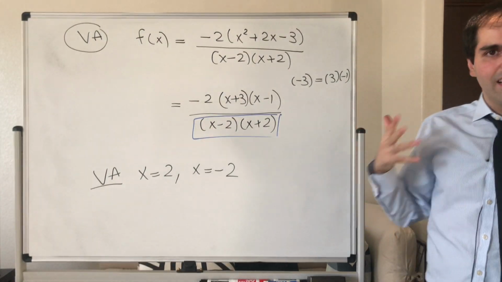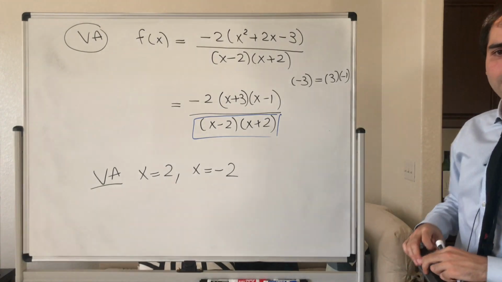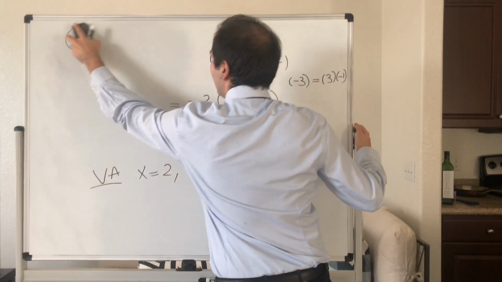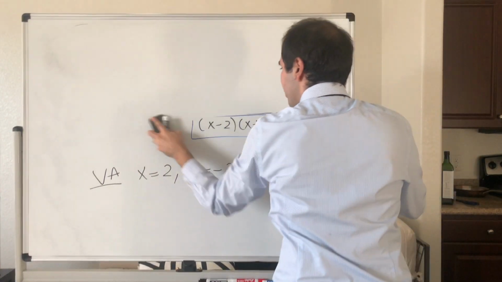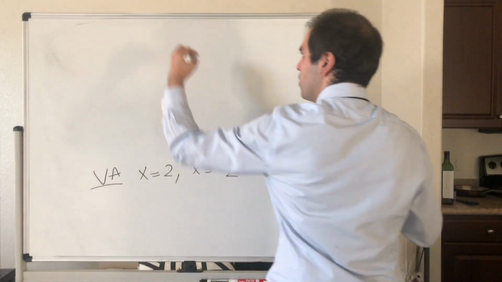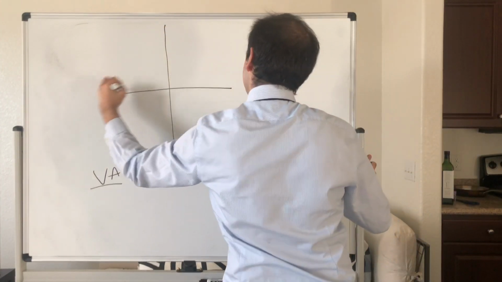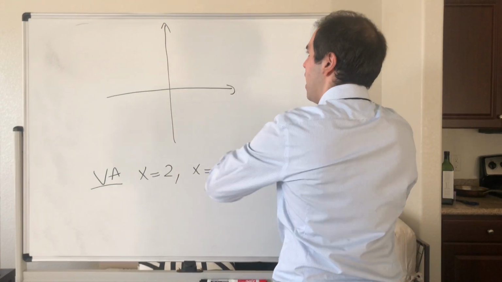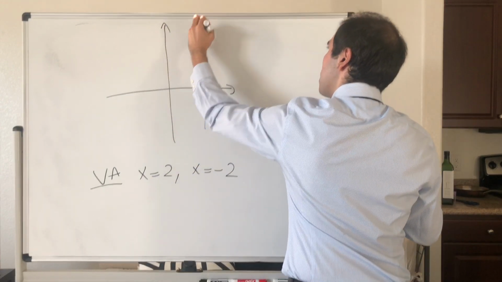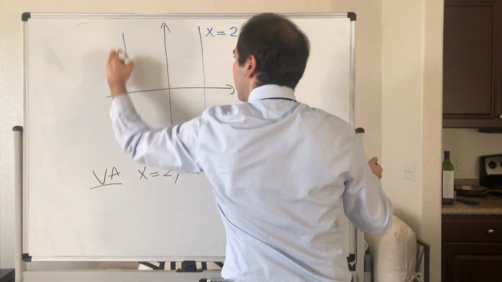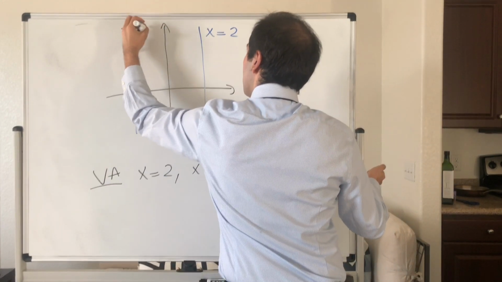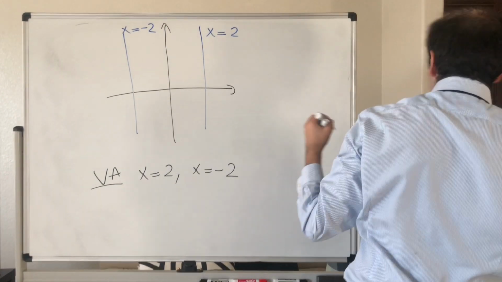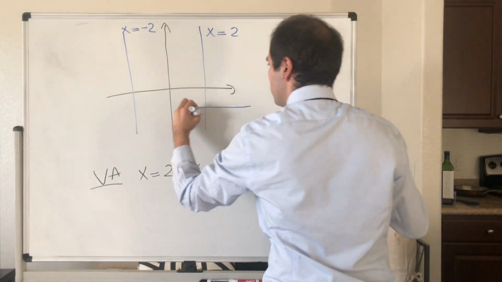All right, and then just to conclude, let's quickly draw the graph of the horizontal asymptote and the vertical asymptotes. So again, suppose you have this. Then as I told you, the function blows up at x equals 2 and at x equals minus 2, and it approaches y equals minus 2 at infinity.